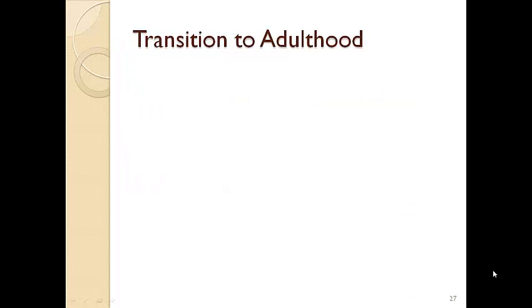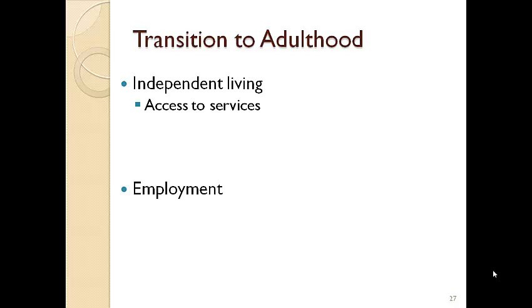Transition to adulthood. Independent living and employment are the two most important areas of focus for education for adolescents and young adults with visual impairment, because most people who are blind can lead very independent lives. While they are in school and we are doing all this transition programming for them, we need to make sure that they become familiar with the services that are available to them or will be available to them once they leave high school.